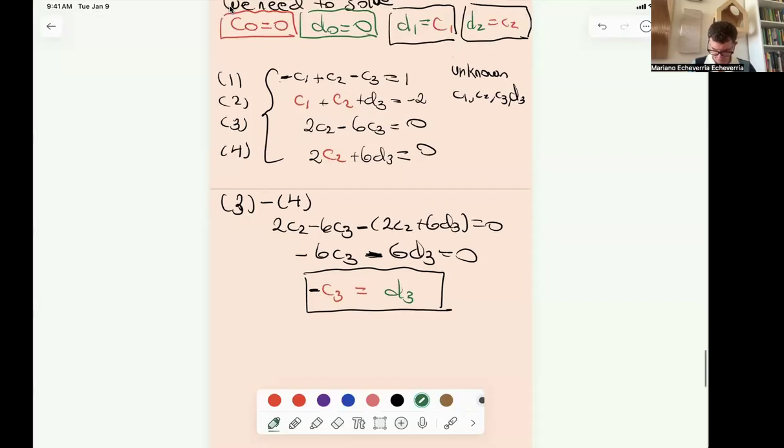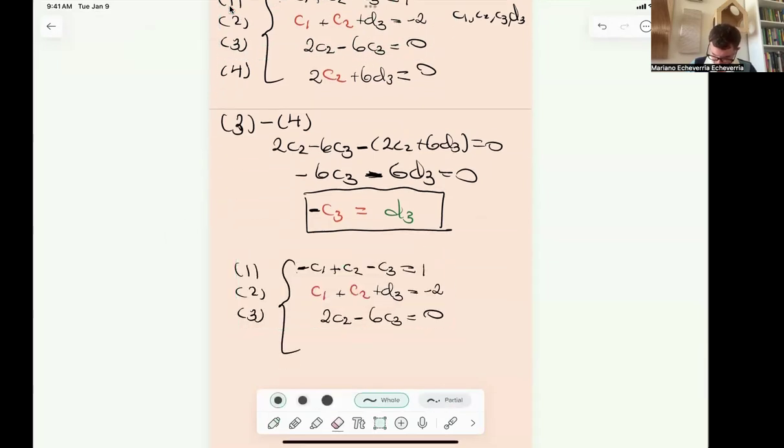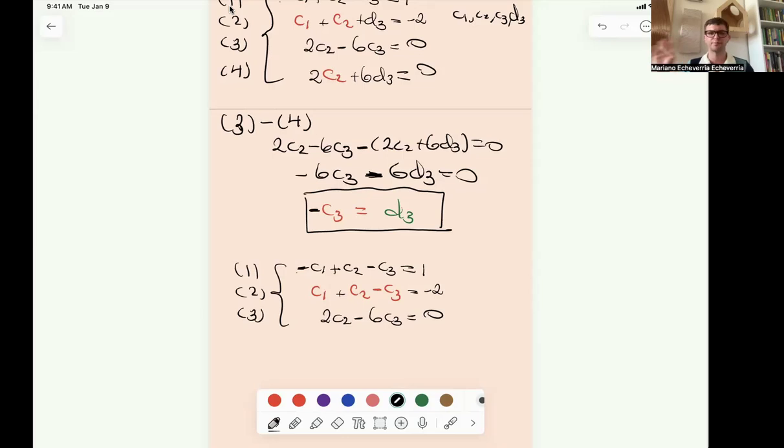So if you keep the first three equations, but you use that D3 relation, now that's how the system looks. So again, three unknowns, three equations. Right, three equations, three unknowns, perfect. So we're still good, keep good track.